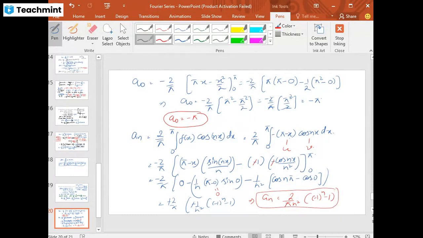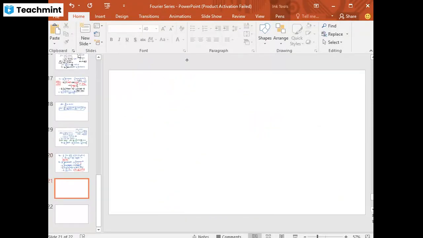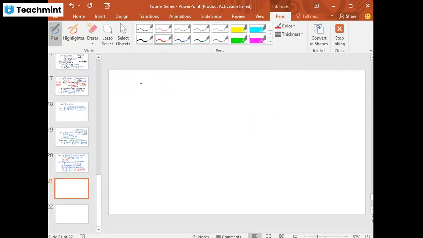So a naught and an are known to us. So we can get the value of the Fourier series. What is the Fourier series here? So the Fourier series of the function is a naught by 2 plus summation an cos nx.